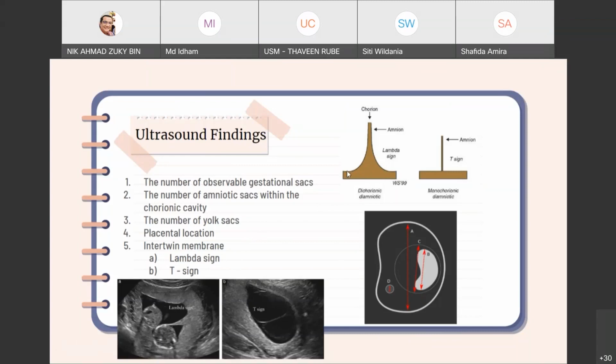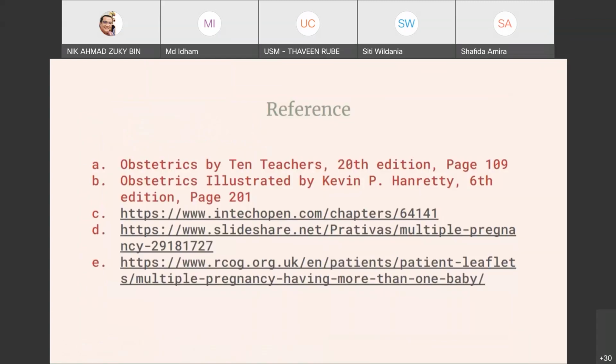The importance of knowing this is to know the risk of multiple pregnancy, which will be discussed by my other friends. I think that's all from me.